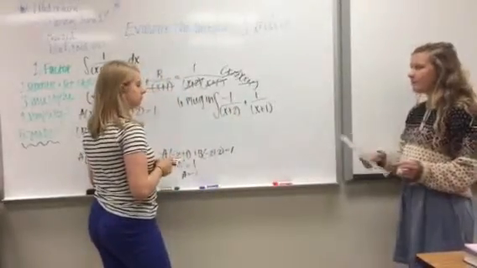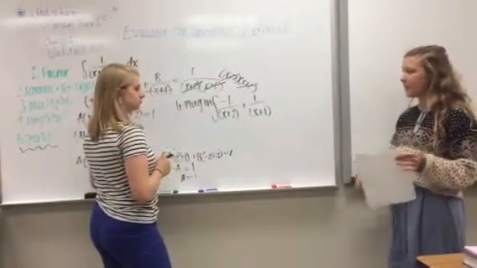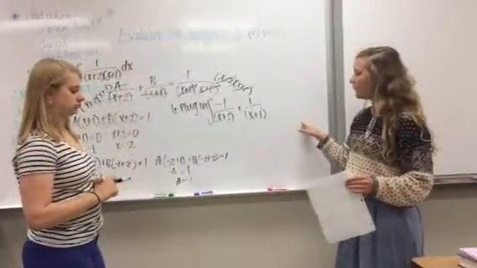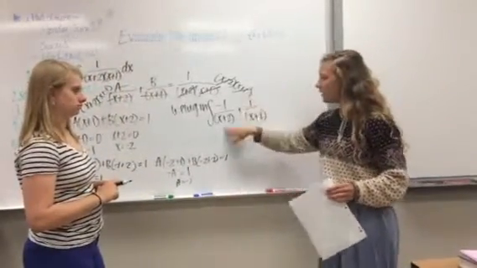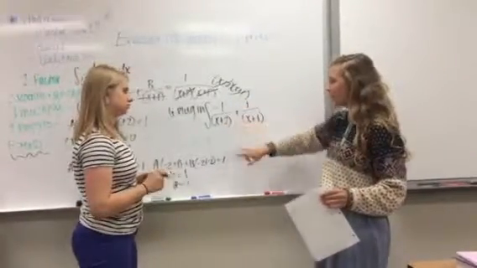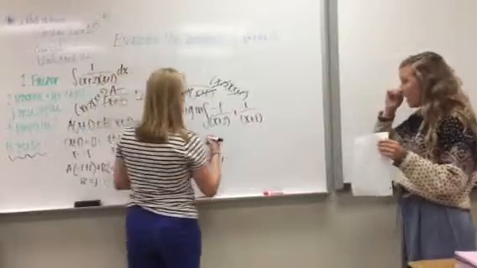And one of the rules is when you have 1 over x and you're taking the integral of that, you take the natural log of the denominator. Since this is a variation of 1 over x, we're going to do the same thing here.